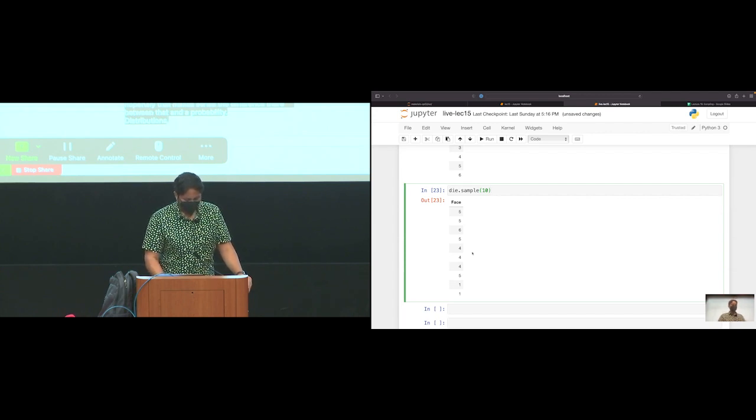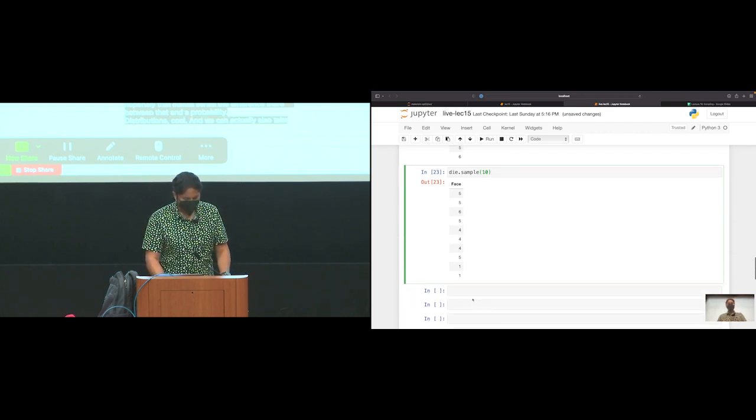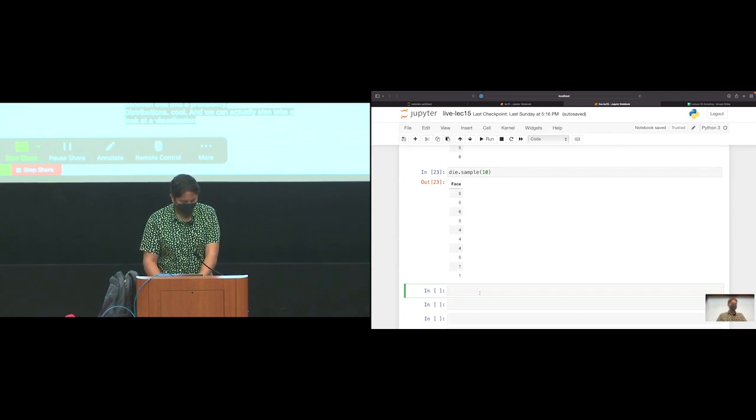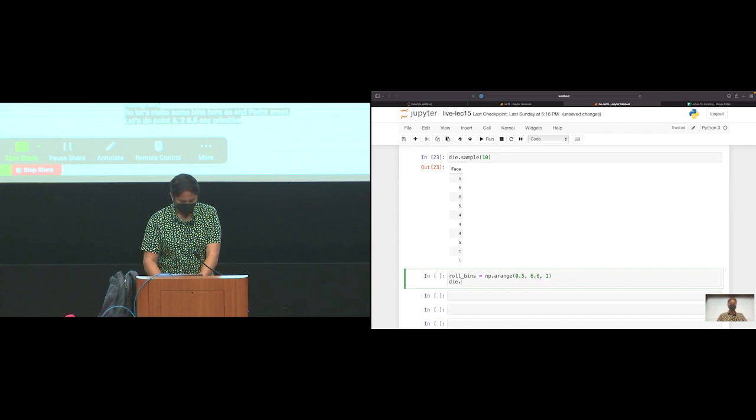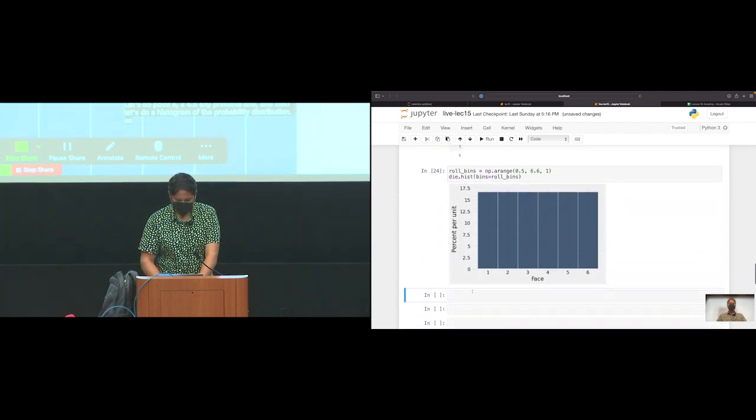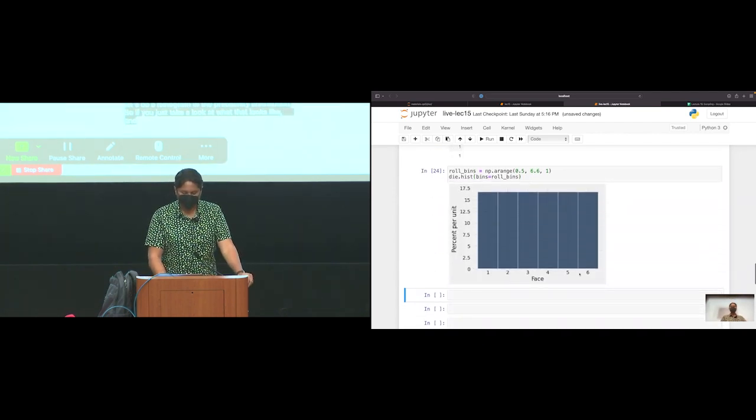Cool. And then we can also take a look at a visualization of this distribution in a histogram. So let's make some bins here. np.arange, let's do 0.5 to 6.6 in increments of 1. And then let's do a histogram of the probability distribution, so we can just take a look at what that looks like. Here we see all unique values, 1, 2, 3, 4, 5, 6, and then we can see the chance of each one.